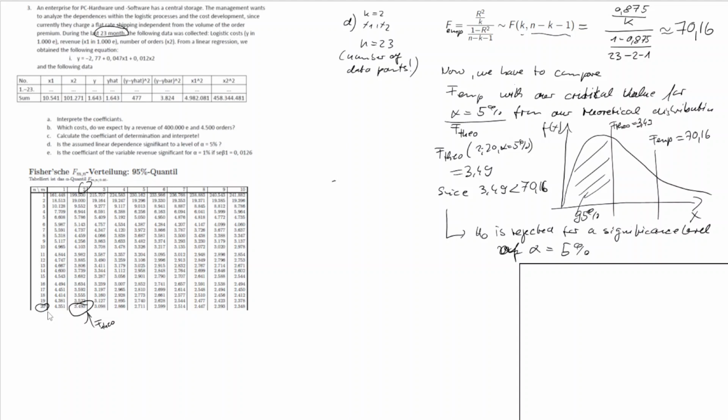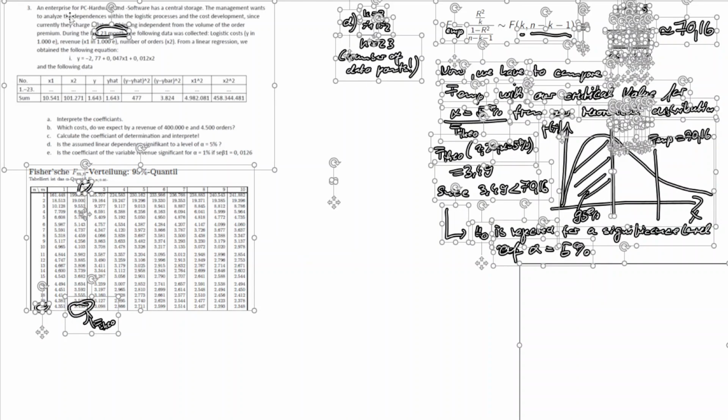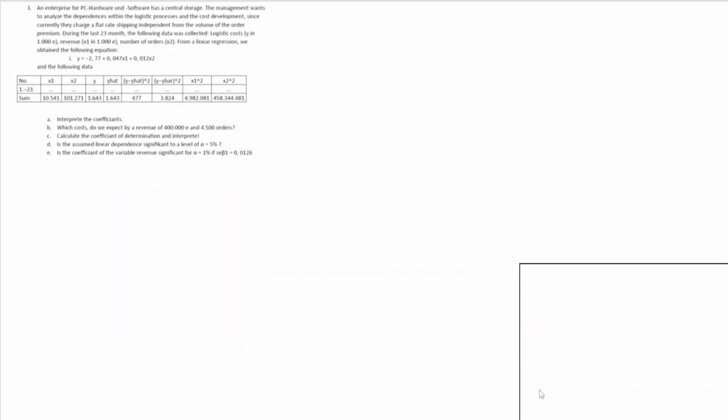And then we also want to have a look at the parameters beta itself. And this is then E. For E is the coefficient of the variable revenue. So revenue is beta 1.